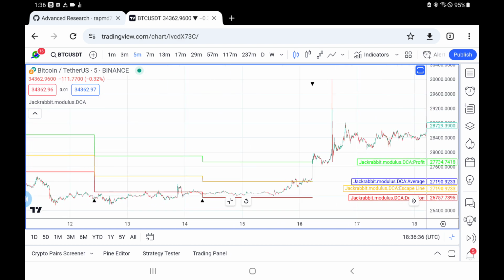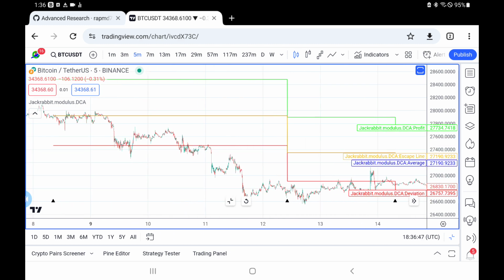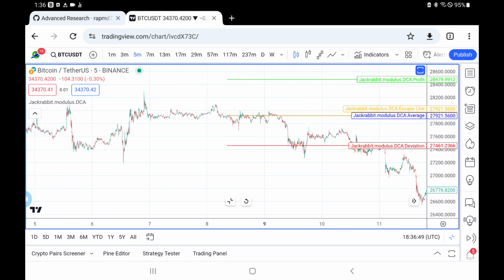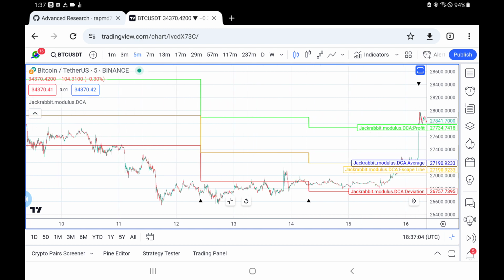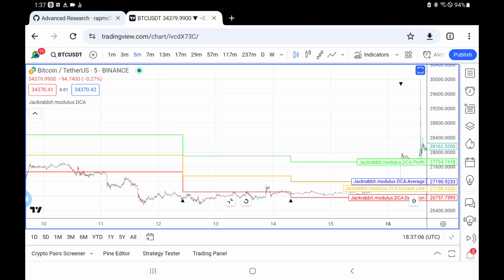Here's another one that took several accumulations. Here we see an accumulation, and here we see an accumulation. So this particular trade took 3 accumulations. Now you could use a stop loss practice if you wanted, but I prefer accumulations as my way of making profits. Again, remember, you need to think about hedging.